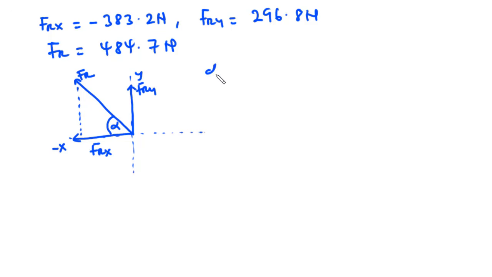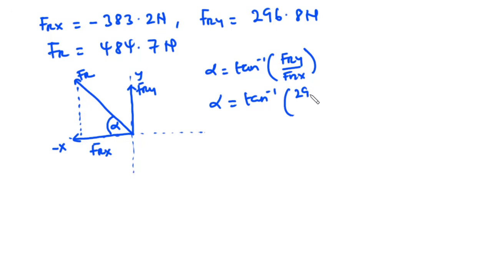So alpha is equal to tan inverse of Fry over Frx. So we have alpha equals tan inverse of 296.8 divided by 383.2. So when finding the angle, you can ignore any negative sign.